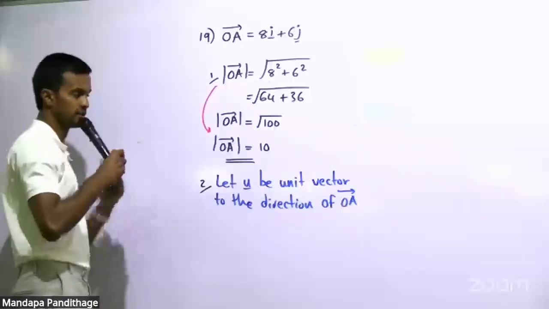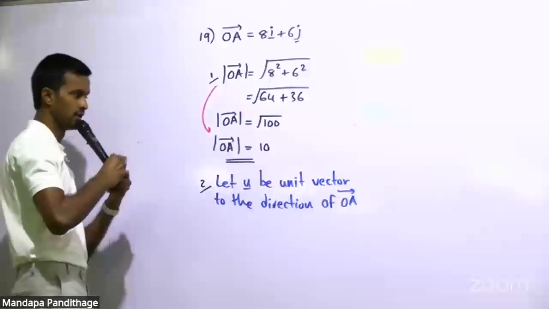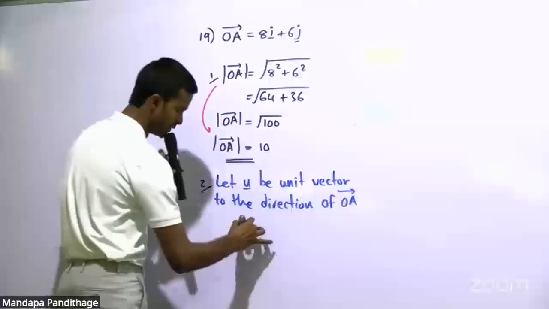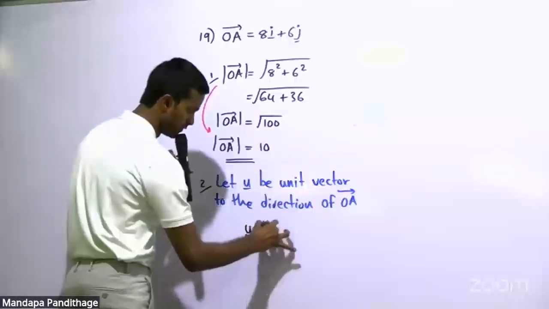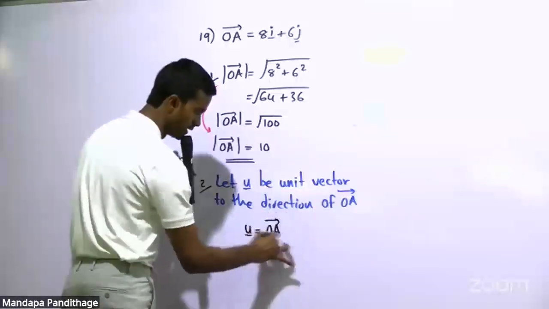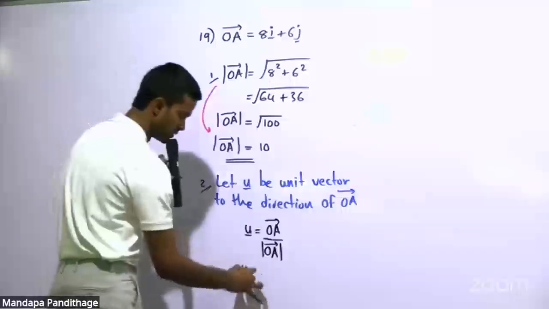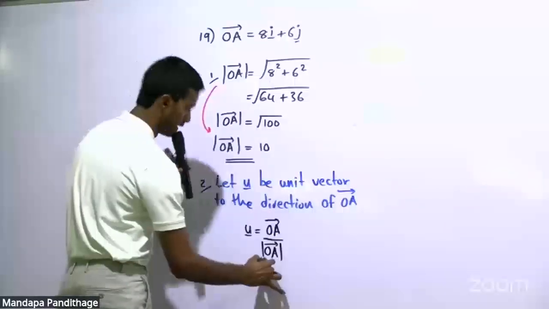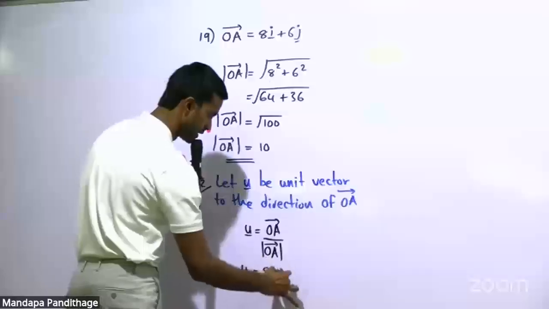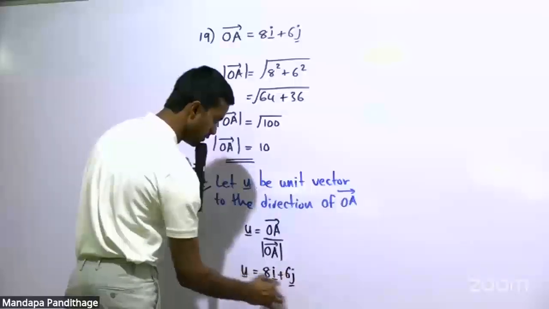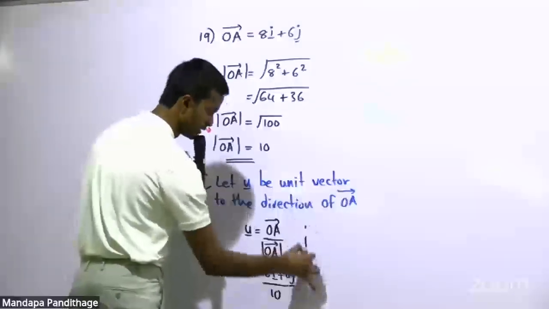So what did we learn? If you know the vector OA, the unit vector can be obtained by dividing the vector OA by its magnitude. So this is 8i plus 6j over the magnitude, which is 10.